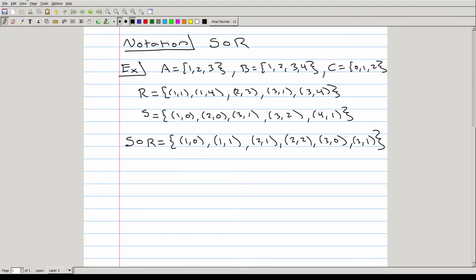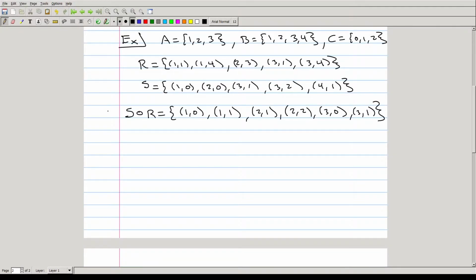So it might be a little bit easier to see if we draw a diagram illustrating this fact. So we draw each of our sets out. 1, 2, 3.